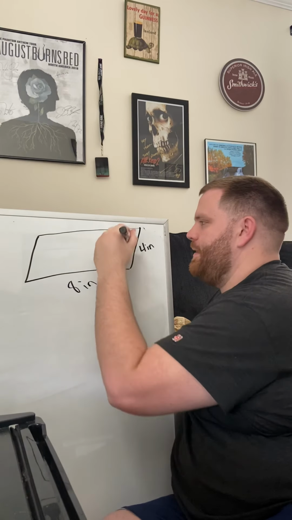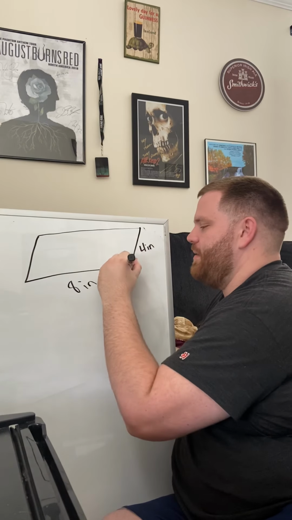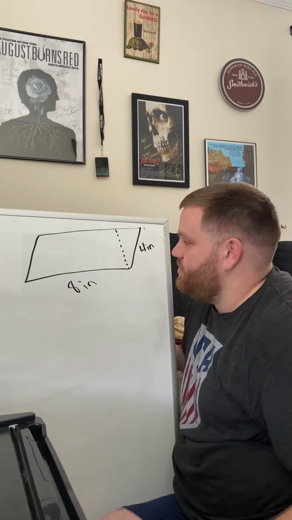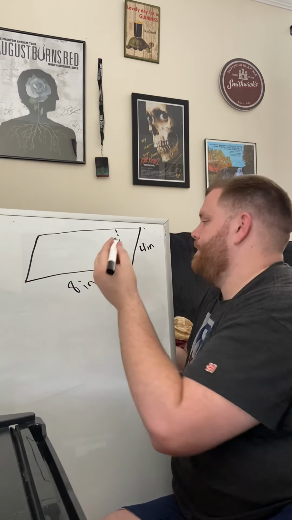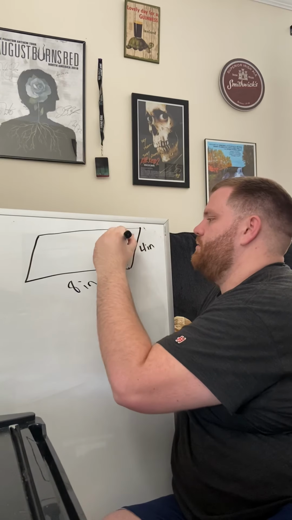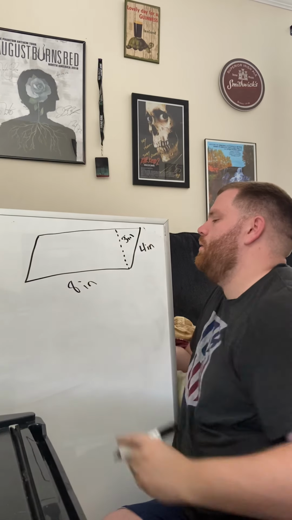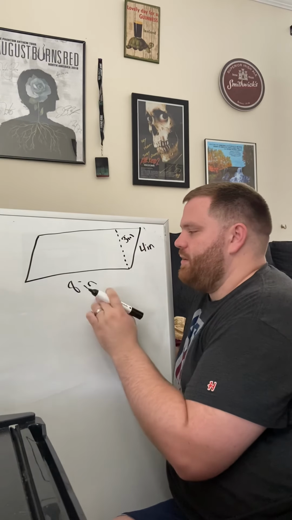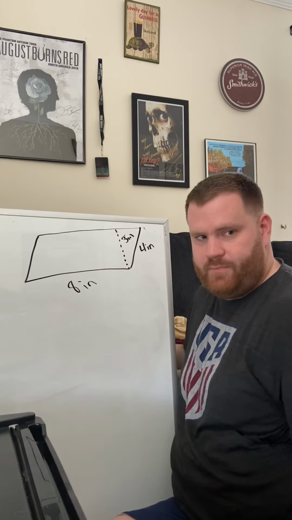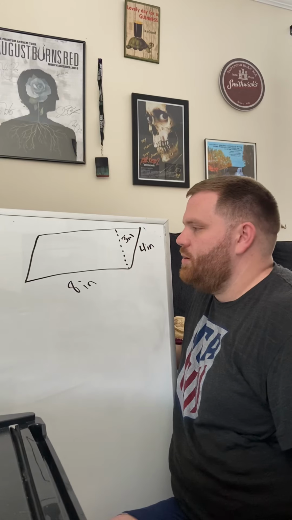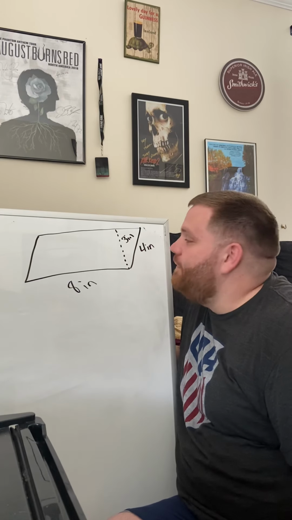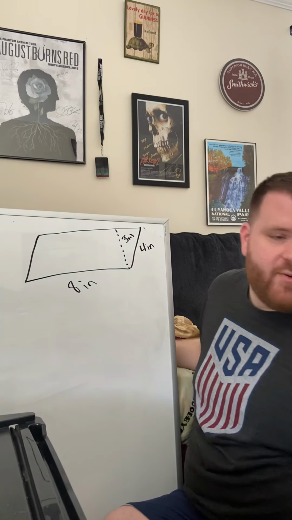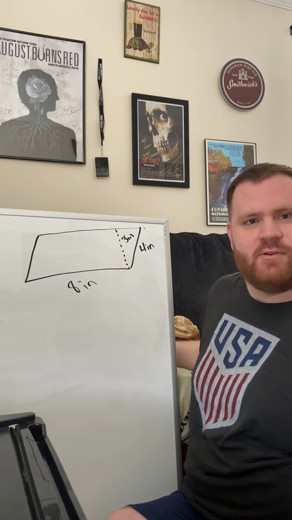And if I measure from the bottom straight to the top, a straight line, let's say that is 3 inches. So we have my length, a slant, and my height. I want to find the area of this parallelogram. The formula for area of a parallelogram is the same as a rectangle.